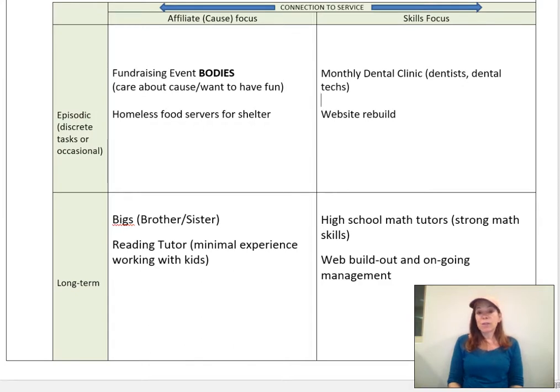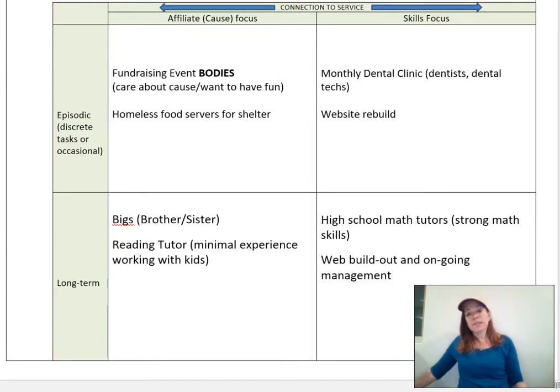Maybe a dentist is willing to do it once or twice a year, and maybe you have a list of 20 dentists and you send out a calendar and you ask them all to sign up for the months that they are willing to work, and you tell them you need 2 or 3 dentists a month. Some people will sign up for once a year, and some people might sign up for 3 times a year. But it's episodic for them, even though the clinic happens monthly.